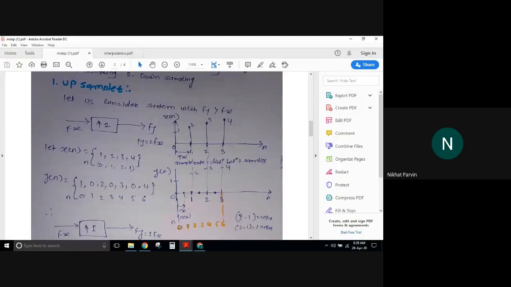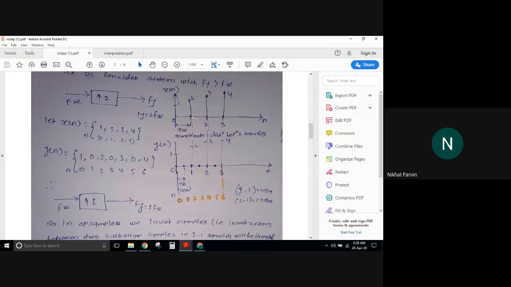I minus 1 zeros you are going to insert over there. That means, can I say the output response or the frequency spectrum, if I use the upsampler, will be a compressed one, because earlier you had more distance between two samples. Now the sample distance is getting decreased. That means the frequency spectrum of the signal obtained will be compressed, right?